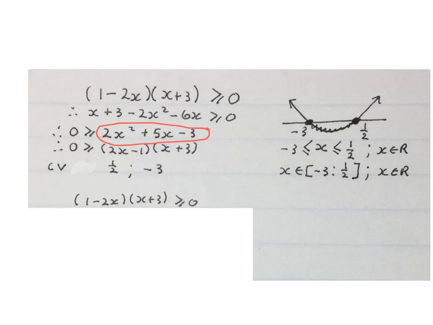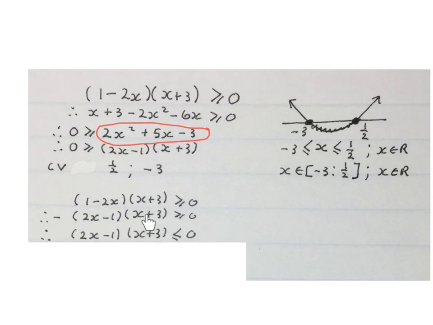The other method is that if you see this and you see that this x is on the wrong side here, if I multiply the minus 2x with this x, I'm going to get a minus 2x squared, which we don't want. You may factorize a minus 1 out of this bracket. Put a minus here and flip these two terms over. Divide by minus 1 on both sides of the inequality, and that will make the inequality swap around.